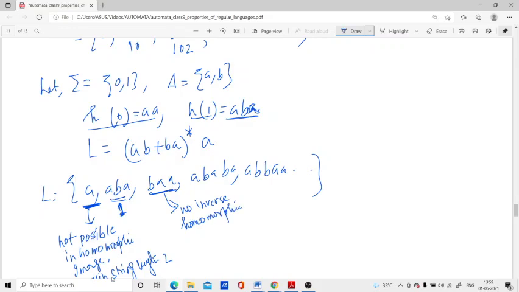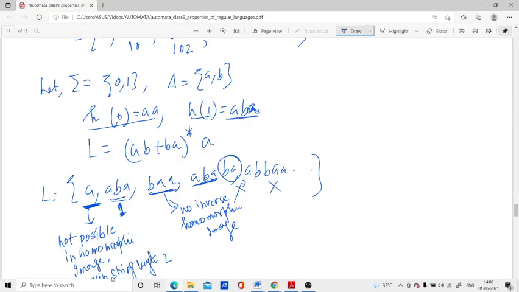Similarly, if we place ab as 1, then you cannot replace ba with some string. So that is not possible. Also if we take abbaa, that is also not possible, because abb you cannot replace, so it cannot be possible.